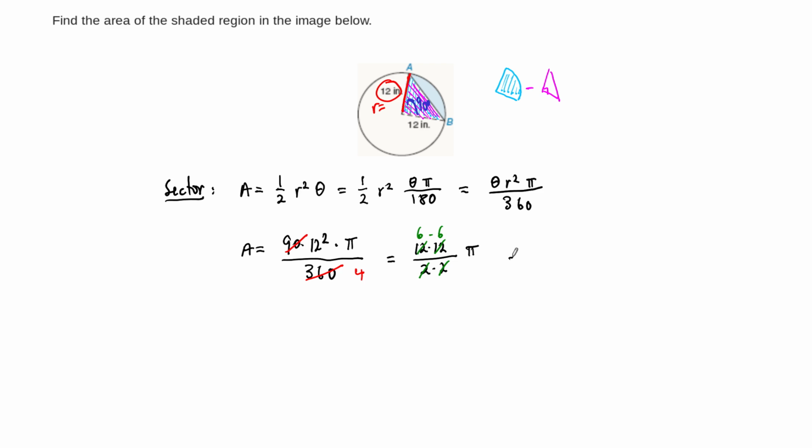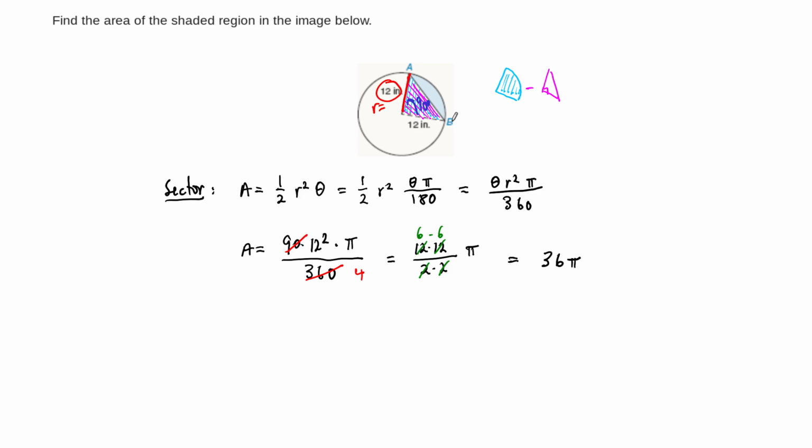And so the area of the sector is 36 pi. Even if you're using a calculator, you leave pi at this point. You do not approximate pi by anything yet. Only at the very end do you write down an approximation.